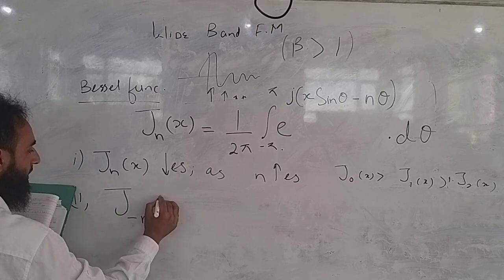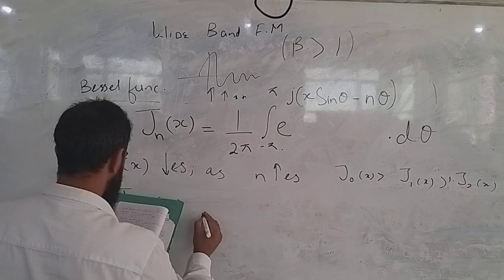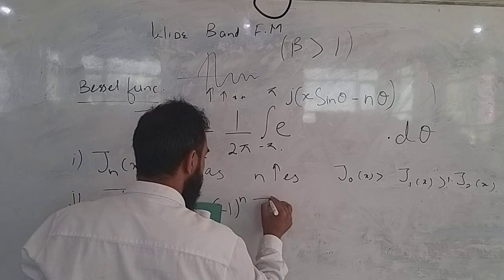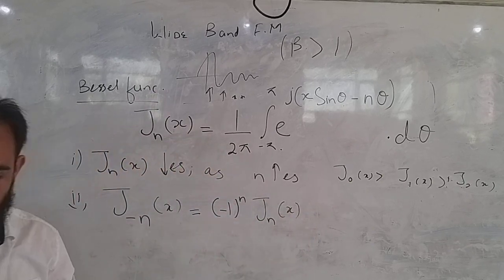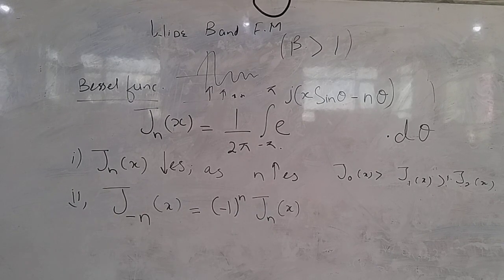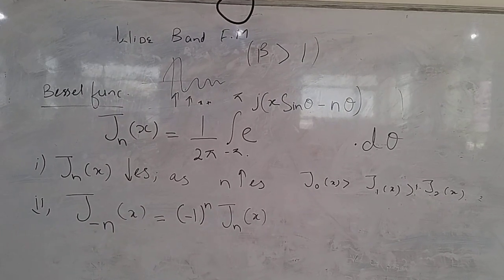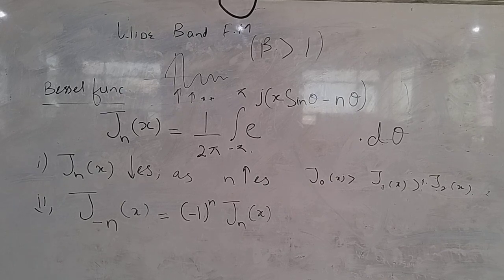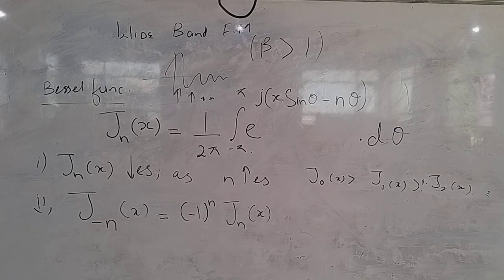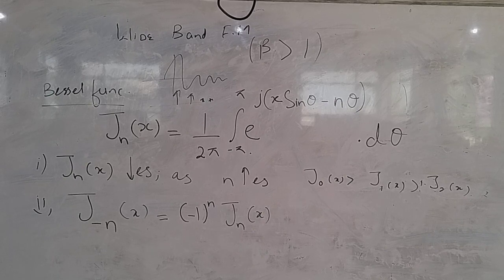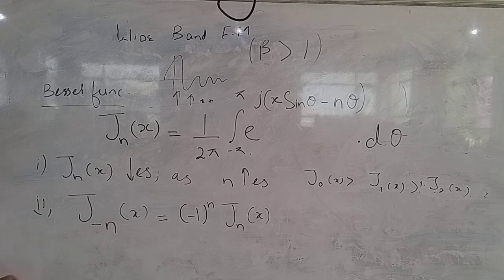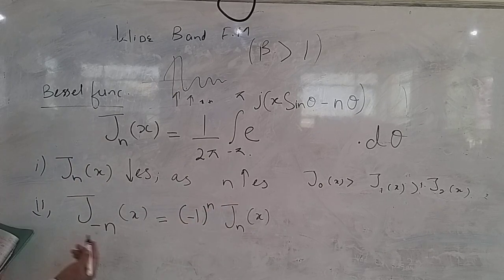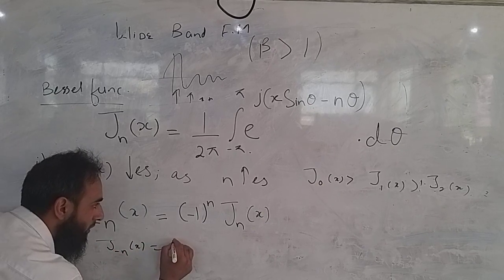J of minus n of x, that is when n is negative, is equal to minus 1 raised to the power n, times Jn of x. What will come out here? When n is even, minus 1 raised to an even value is 1, that's it. So for n even, J of minus n of x is equal to Jn of x.